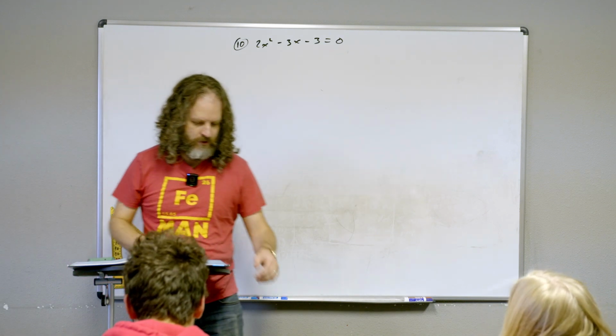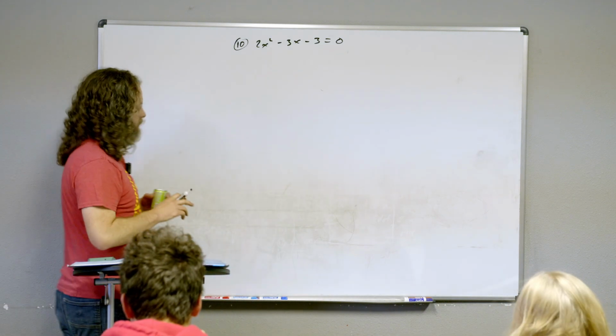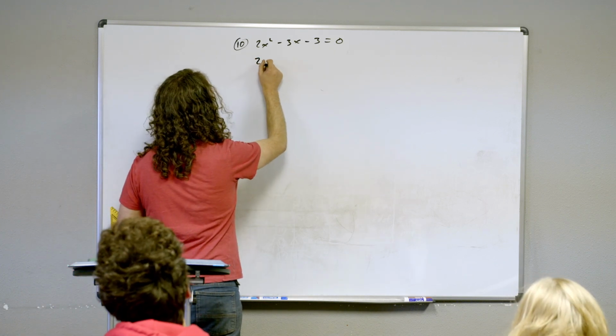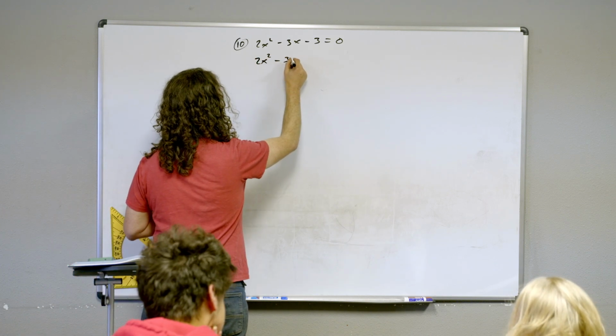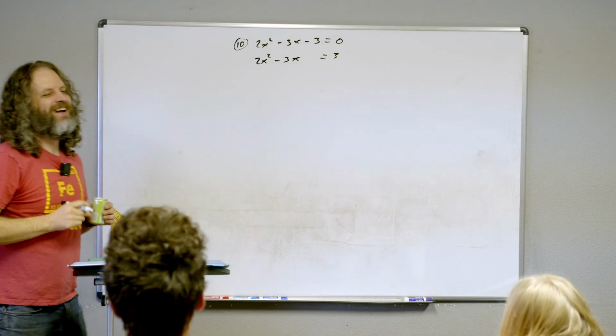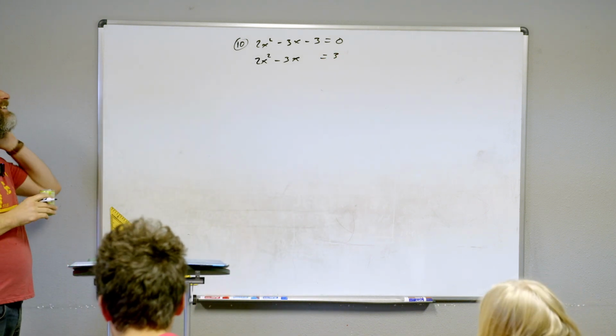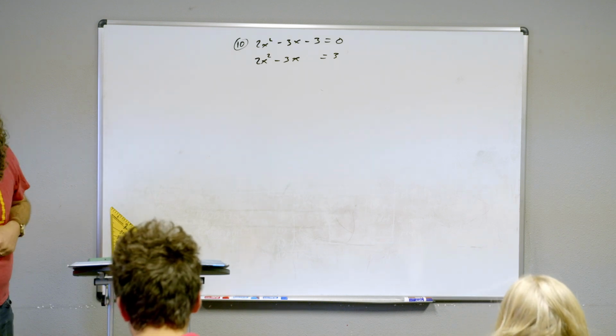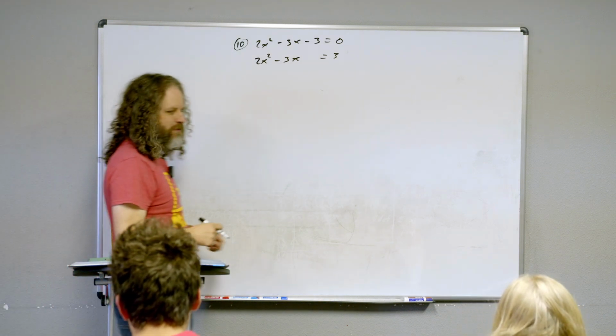So, what should we do? Sounds great. Let's do it. Be sure to leave a little gap. That's right. And you gotta take the 2 out of the x and divide everything by 2.